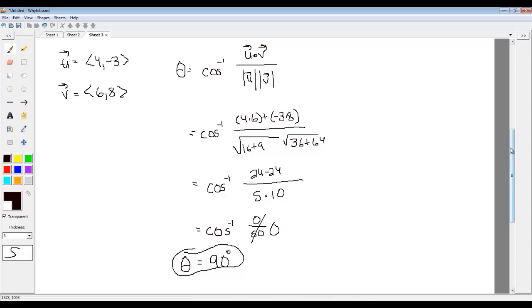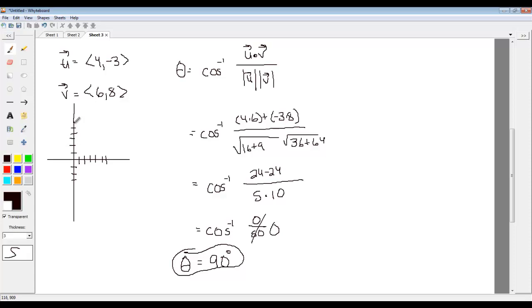Okay. Well, if theta is 90 degrees, that means the angle between these two vectors is a right angle, which then tells us something else. Interesting. Let me sketch this out. We need to go out 1, 2, 3, 4, 5, 6. We need to go down 1, 2, 3, up 1, 2, 3, 4, 5.